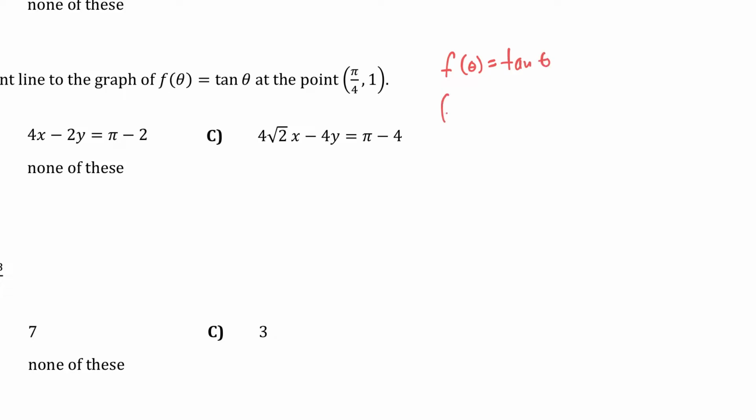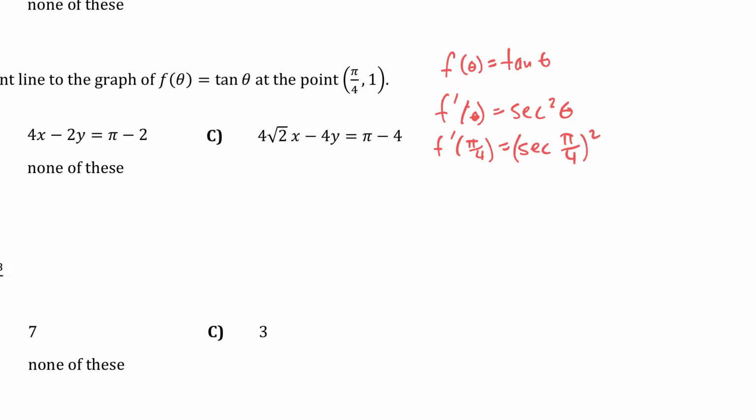So that means that f prime of theta is secant squared theta. And we're going to take f prime of pi over 4, which is secant of pi over 4, and the whole thing squared right there.